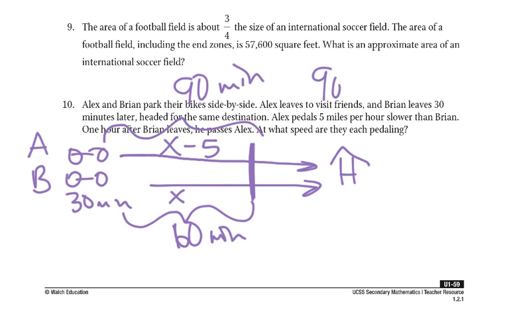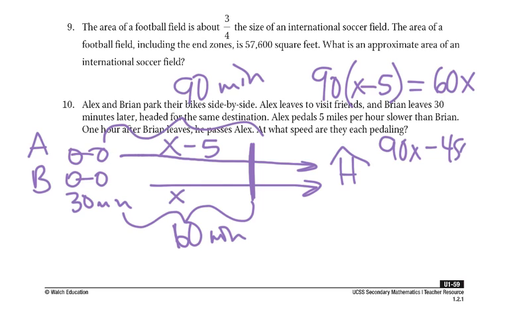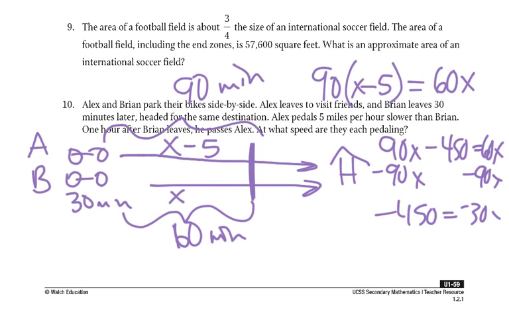So in 90 minutes, Alex traveled (x minus 5) times 90, and that equals what Brian did in 60 minutes, so 60x. So simplify: 90x minus 90 times 5, which is 450, equals 60x. Okay, subtract 90x, get negative 450 equals negative 30x.